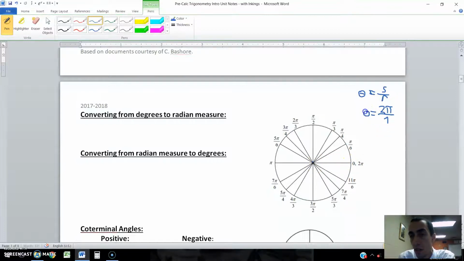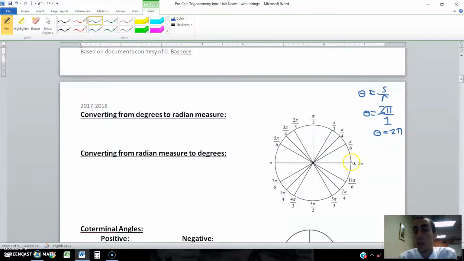So the radian measurement for this angle, for this full spin around a circle, is 2 pi. And that's what we see right here. It's basically saying that 360 degrees is 2 pi.